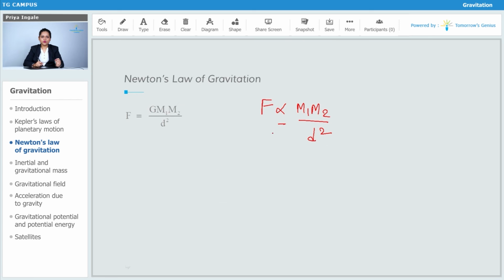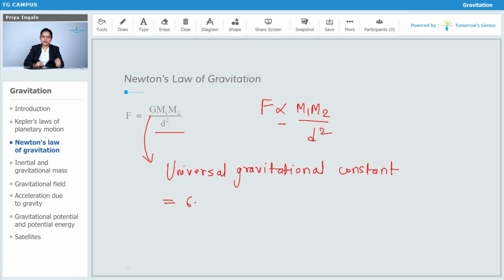We remove this proportionality sign and we get this, where we get the capital G. This capital G is known as the universal gravitational constant, because it has the constant value all over the universe wherever you go, and the experimental value of this capital G is 6.67 into 10 to the power minus 11.